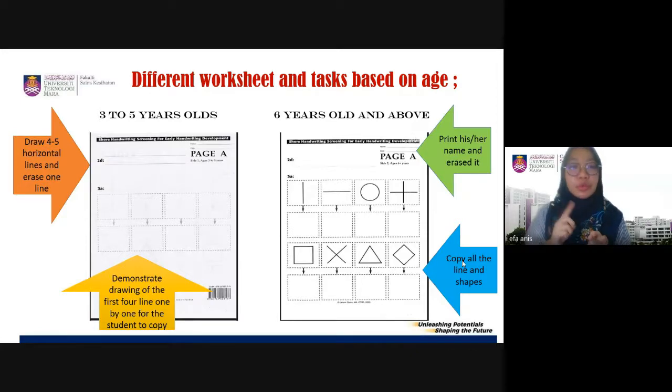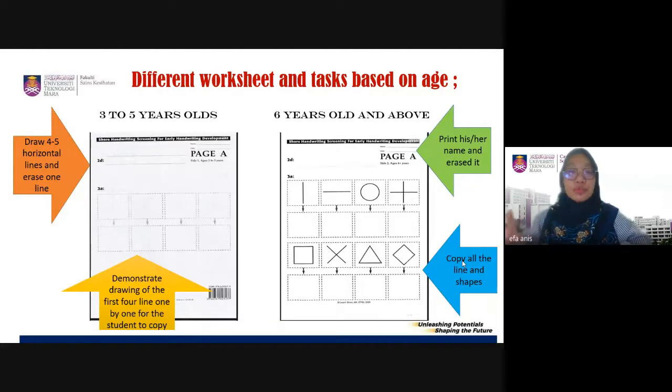For 3 to 5 years old, we give a simple task. Draw 4 to 5 vertical lines on top of this line. After that, we erase one line. Inside the manual, it mentions that we break the instructions. We don't say it all at once, we break the instructions into 2 parts.